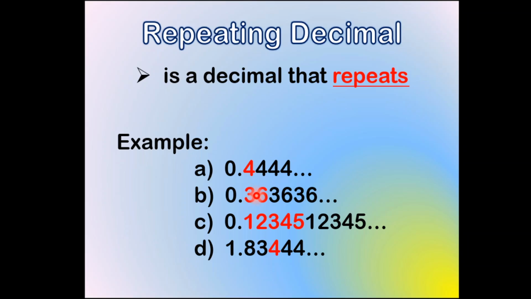On letter B, the repeating digits are 3 and 6. On letter C, the repeating digits are 1, 2, 3, 4, and 5. And on letter D, the repeating digit is the digit 4. One more time, that's the repeating decimal. It's a decimal that repeats.